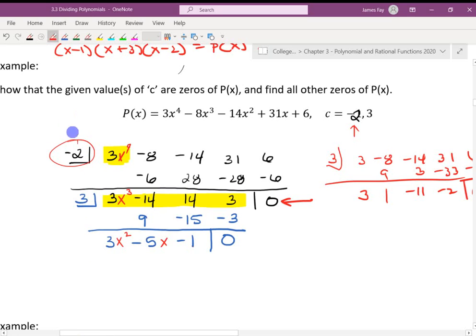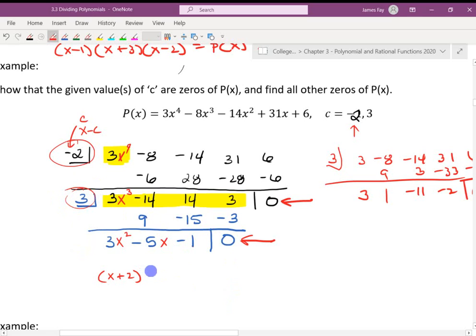Okay. If you remember, we said if we're calling that term c, if c is a 0, then x minus c is a factor. Okay. So x minus -2 would be x plus 2, right? Okay. Now, because that number is a 0, remainder of 0, that tells us this was a 0 for our function.